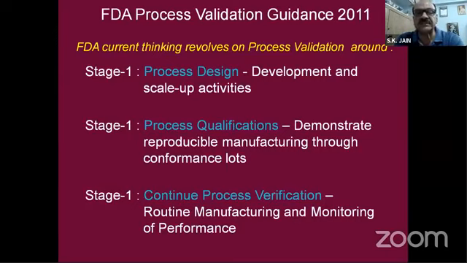So simply, process design is related to development and scale-up activities. Then process qualification demonstrates reproducible manufacturing through the conformance lots. Then routine continued process verification is the routine manufacturing monitoring of the performance. It is a continuous process, or we can say in-process monitoring of the product.